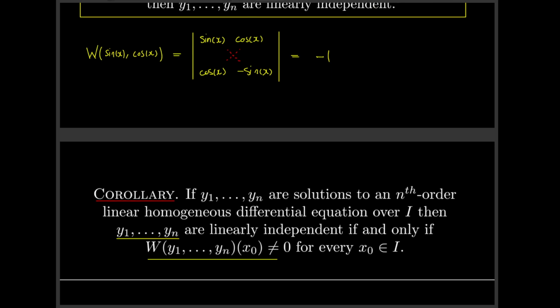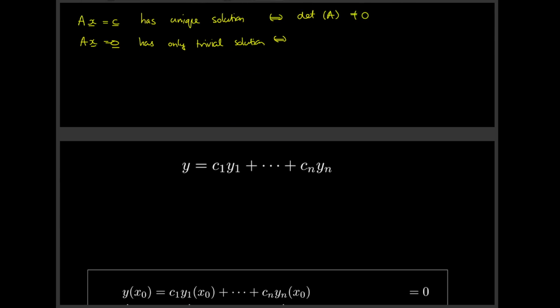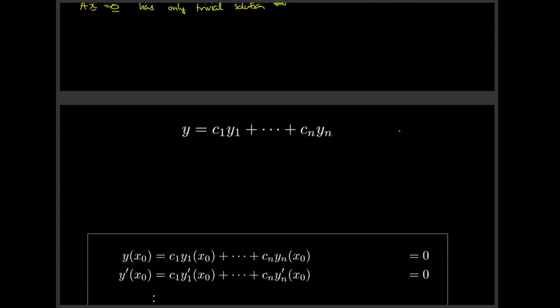So the real question is, why does a sequence of linearly independent solutions to an nth order linear homogeneous equation give us that the Wronskian is non-zero for every x0? To see this, let's consider the following. We're supposing two things here.